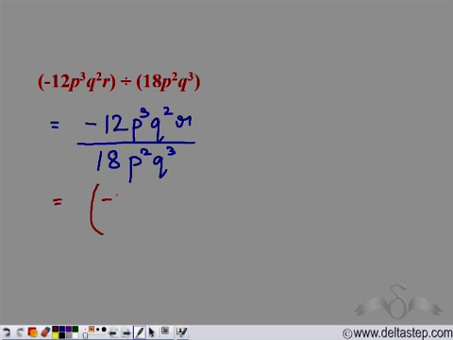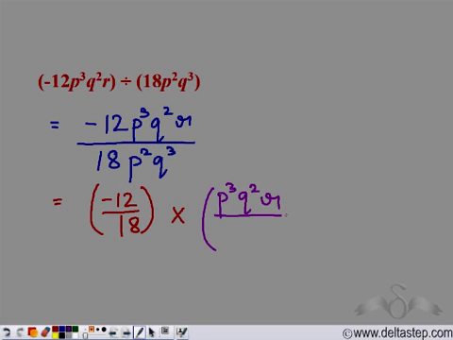So negative 12 divided by 18, and then this is multiplied by p cube q square r divided by p square q cube.